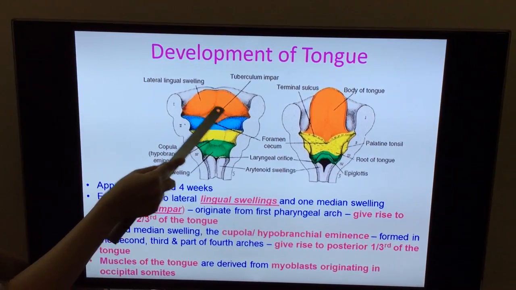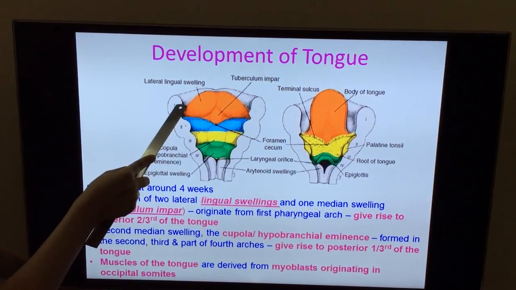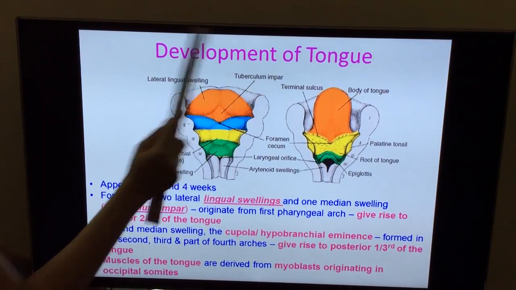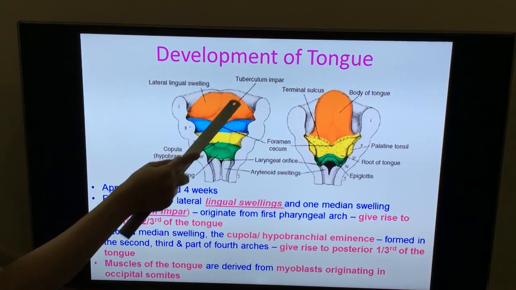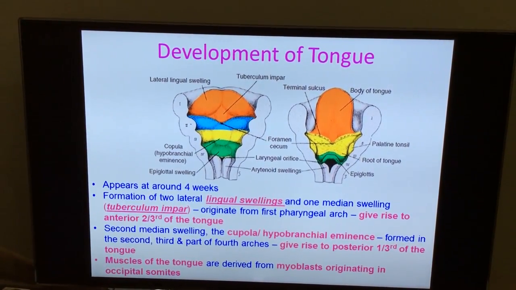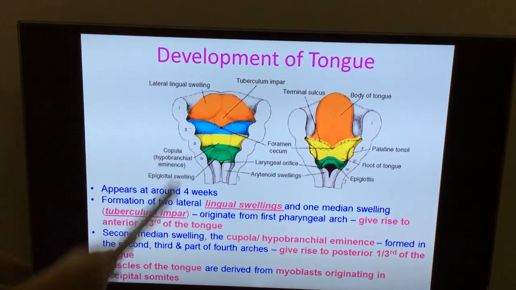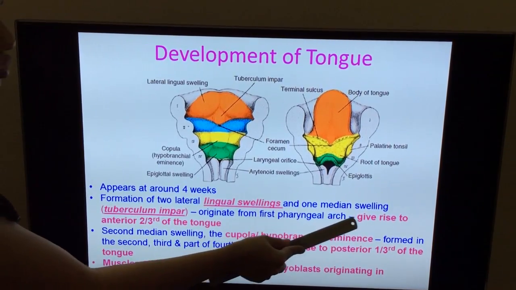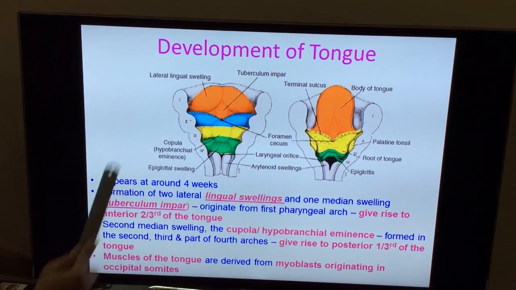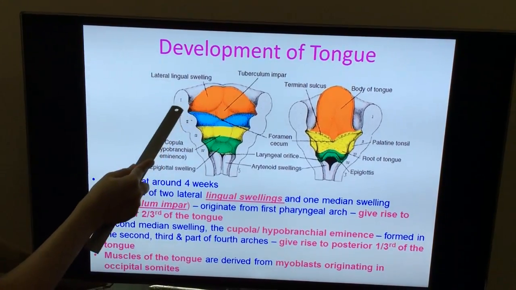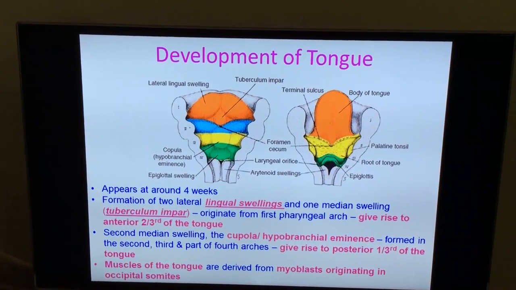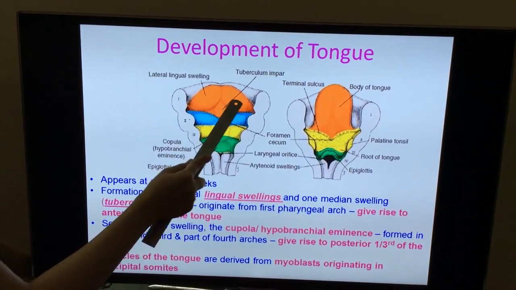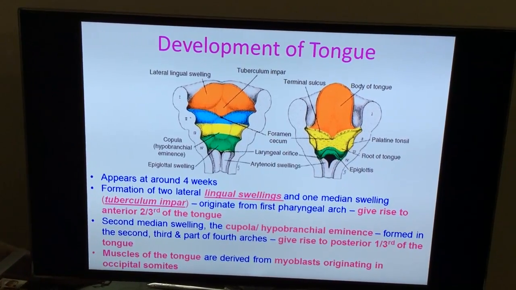One more swelling appears exactly at the midline, between the first and second arch, called the tuberculum impar. So there are 3 swellings, 2 lateral lingual swellings and the tuberculum impar in the midline, mainly at the level of the first pharyngeal arch, and they give rise to the anterior 2/3 of the tongue.